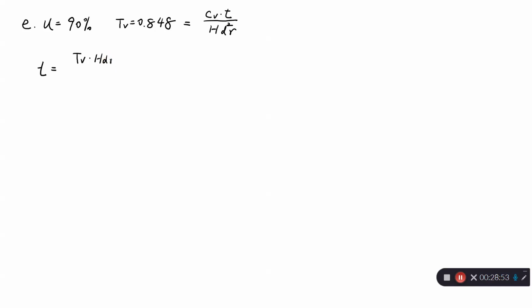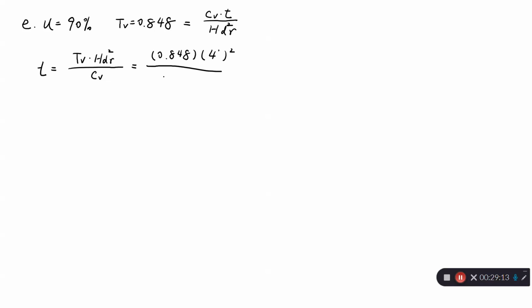So that means, part E, when U equals 90%, T sub V equals 0.848, and T sub V equals C_V times t over H_DR squared. So we can estimate t equals T_V times H_DR squared, don't forget the square, over C sub V. It's equal to 0.848, and H_DR is just 4 feet squared.